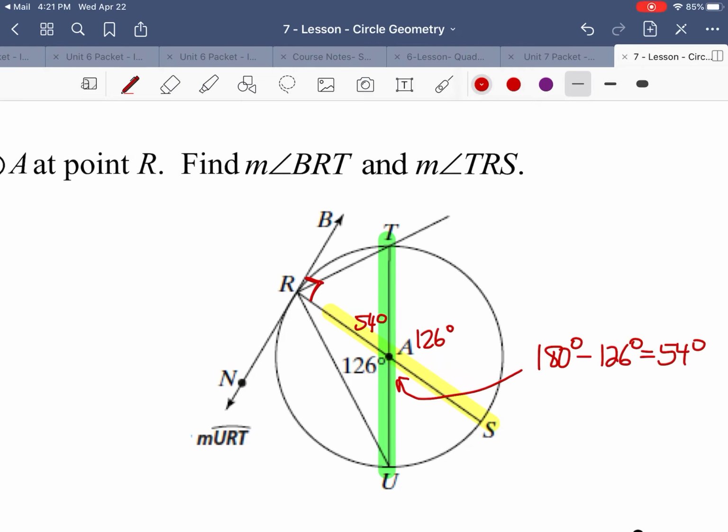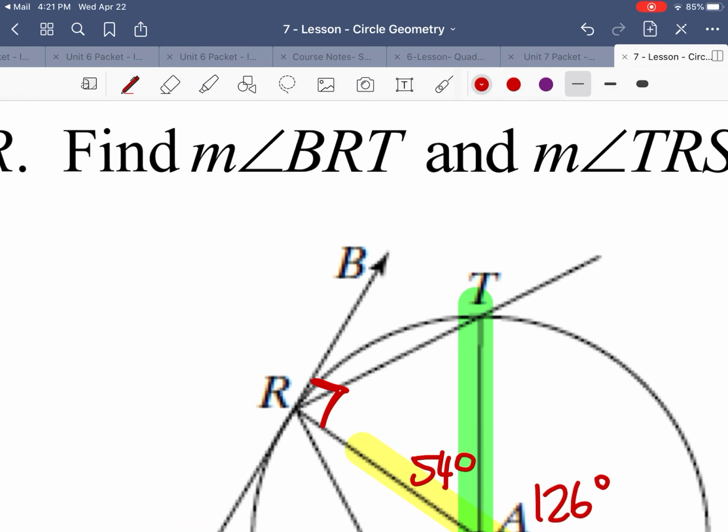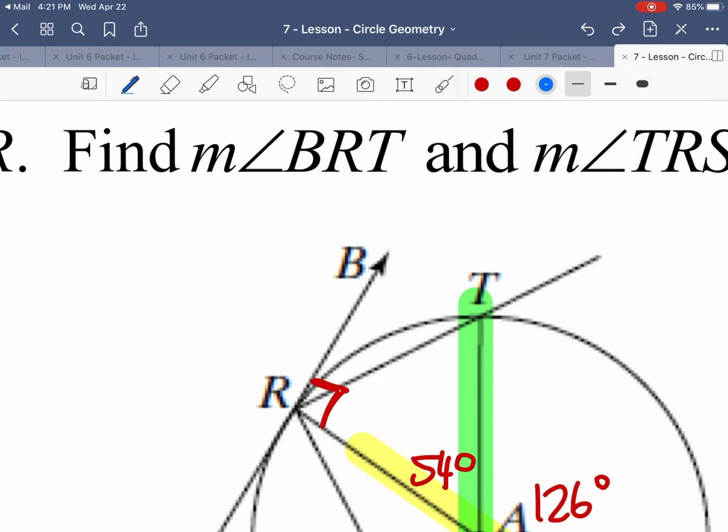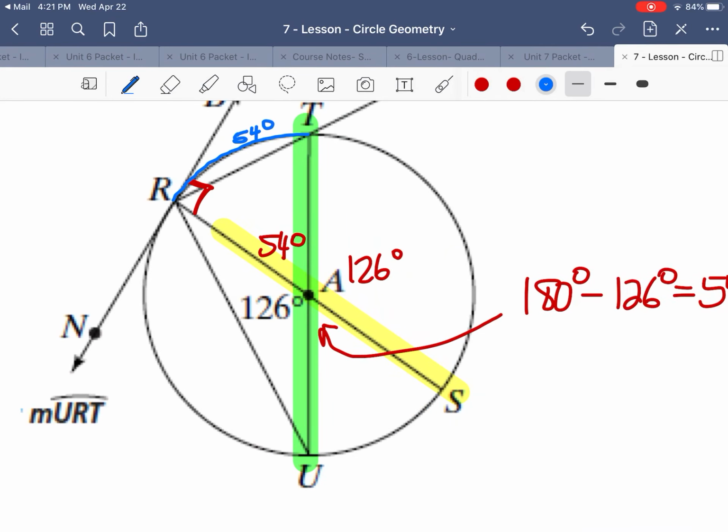And the 126-degree angles, we can also figure out things like the intercepted arcs. So we know that this arc has to be 54 degrees. I'll highlight it or mark it up. Let's go blue, for those keeping score at home. And so this is going to be 54 degrees.